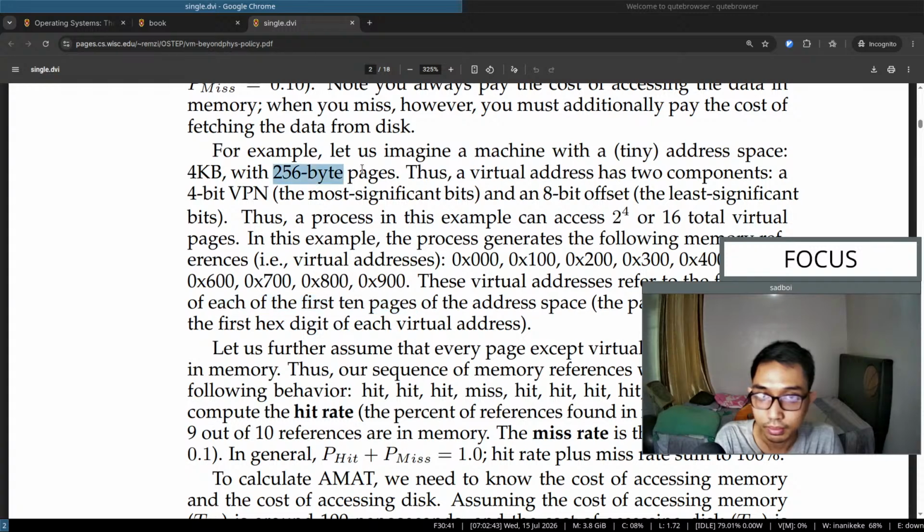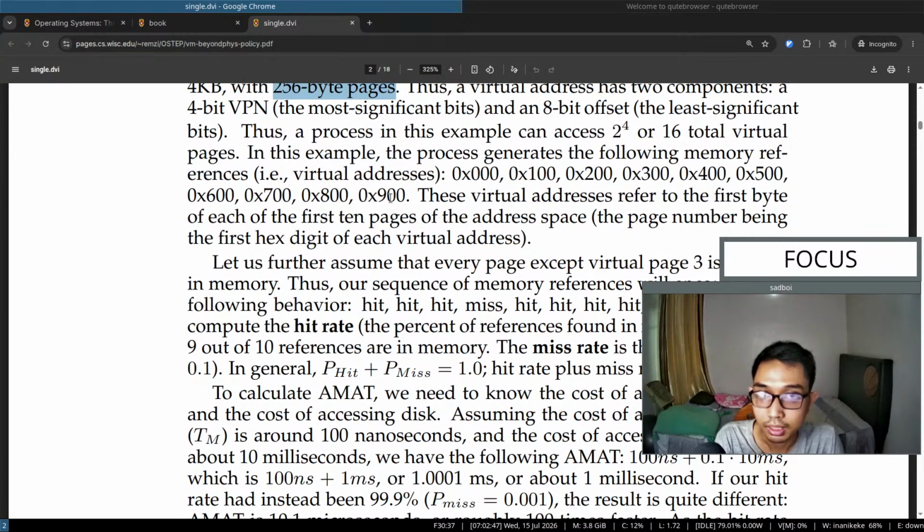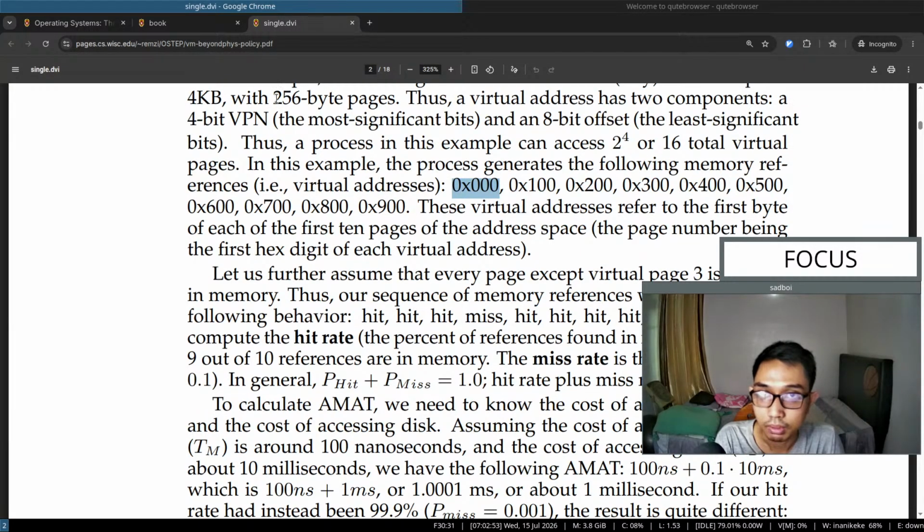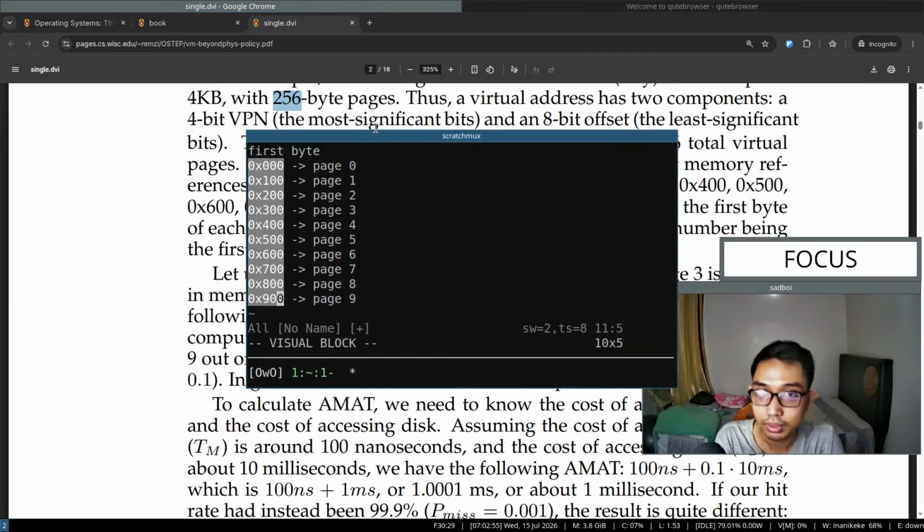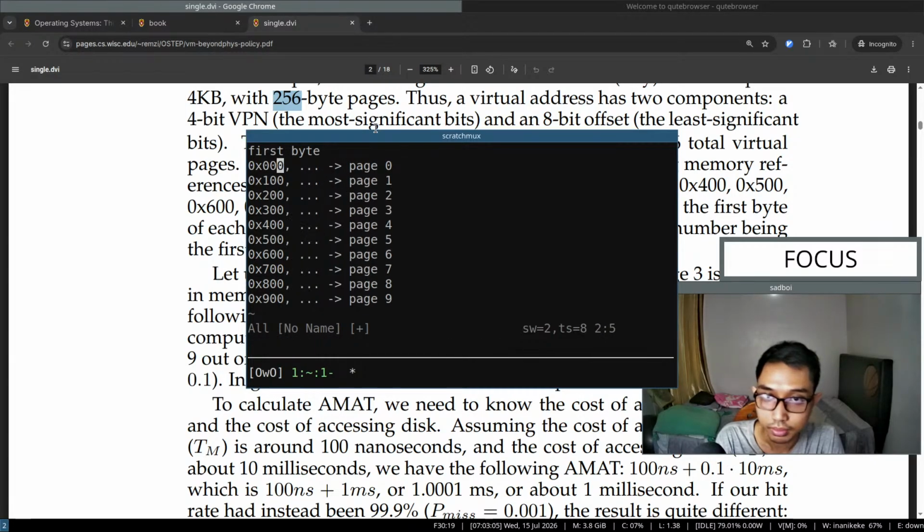Previously, from this information, this is just the first byte from these 256 bytes. So we have, let's say, more bytes here.